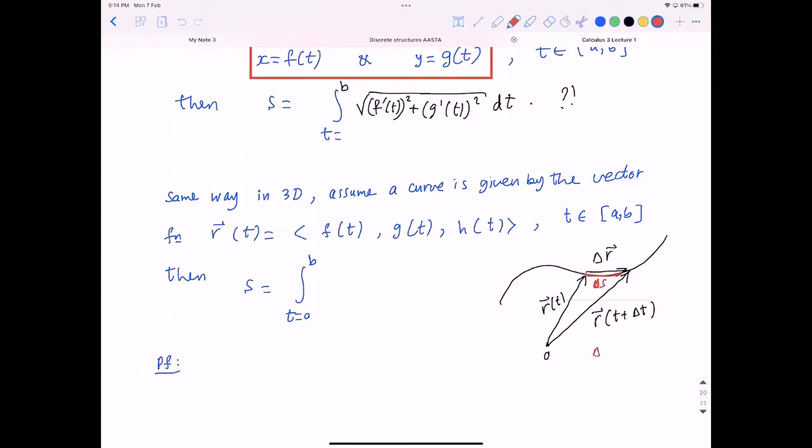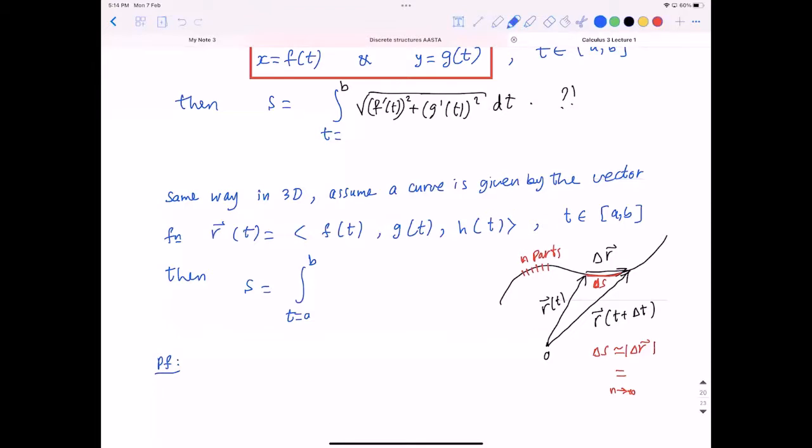Delta s is very similar or very near to delta r, magnitude of delta r. If we divide this curve into infinitesimal parts, they will be the same when n tends to infinity. When we divide this curve into n parts and n is very large, delta r and delta s will be the same. So we get this situation.